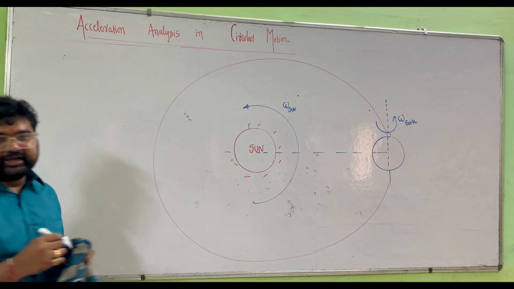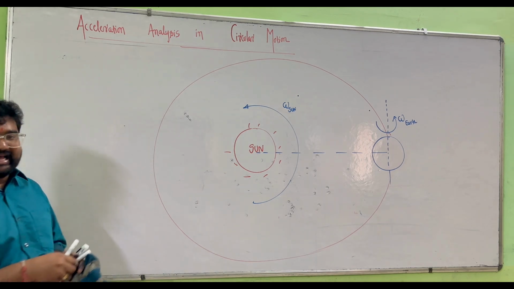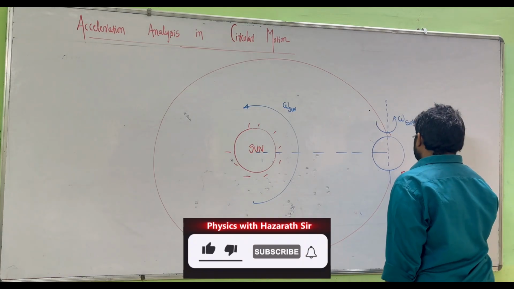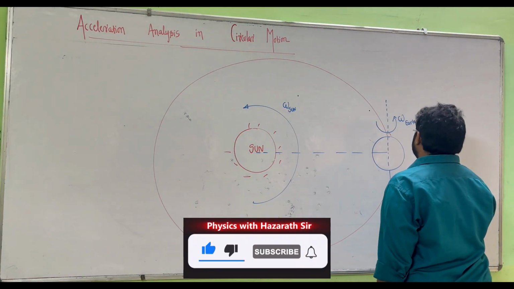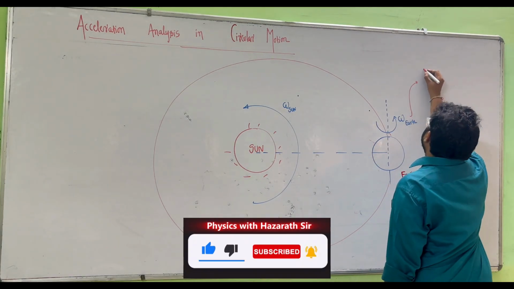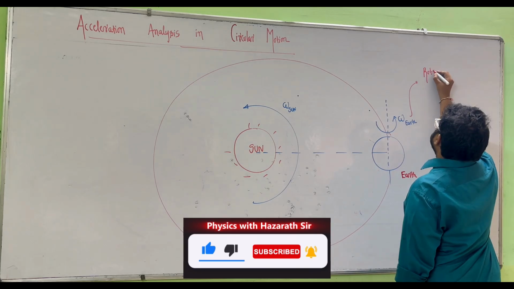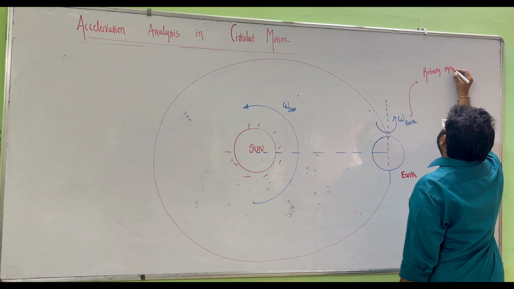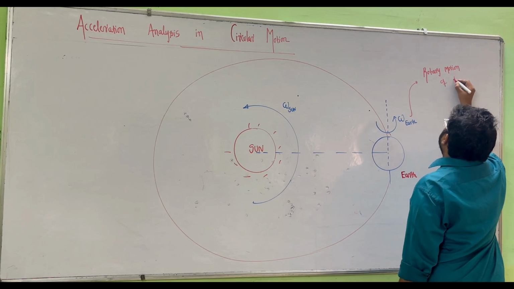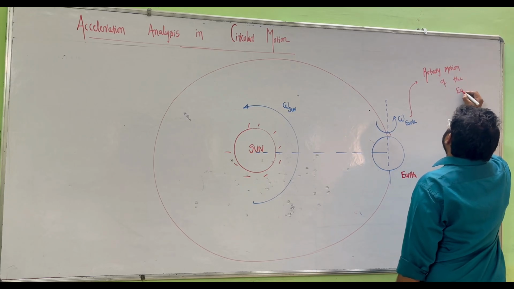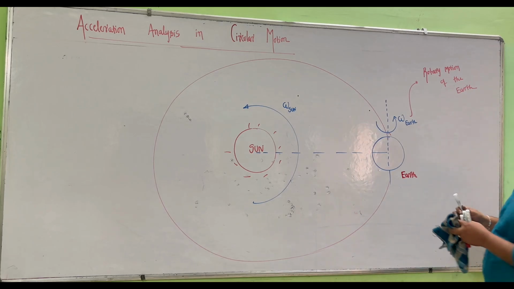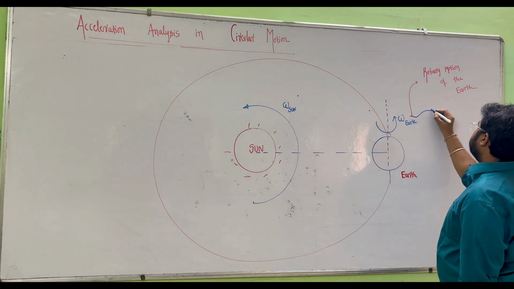Understood? So it is rotating about itself. This is the rotary motion of the Earth, rotating about itself.